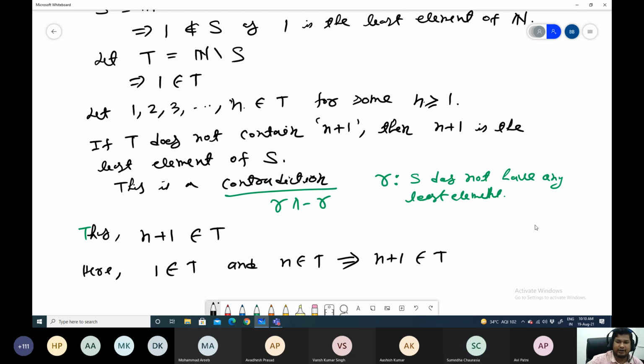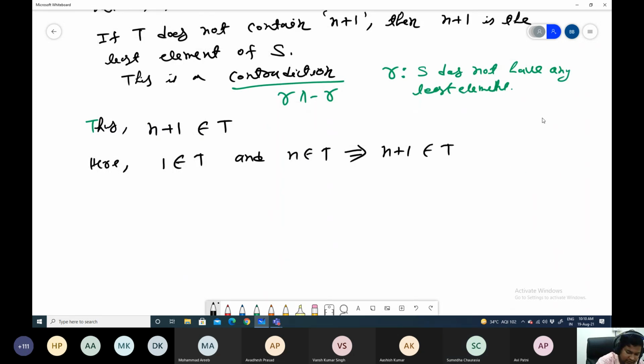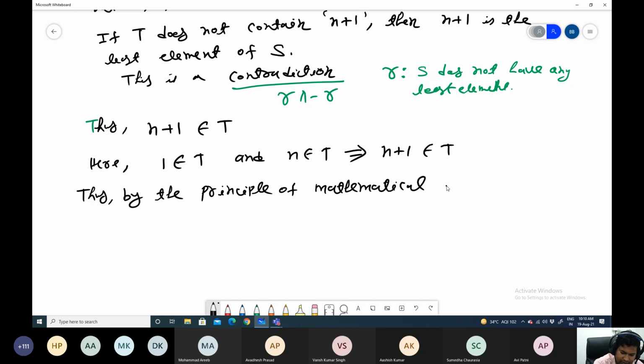So that's by the principle of mathematical induction. All the natural numbers belong to T. So therefore N is a subset of T.